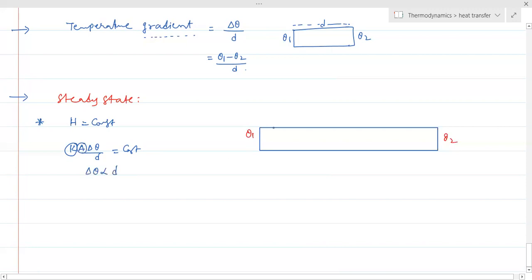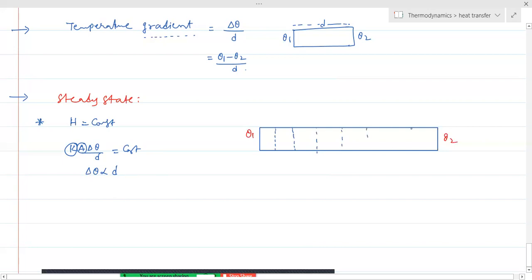That means if we divide the rod into many partitions of the same length, equal lengths have equal temperature differences.